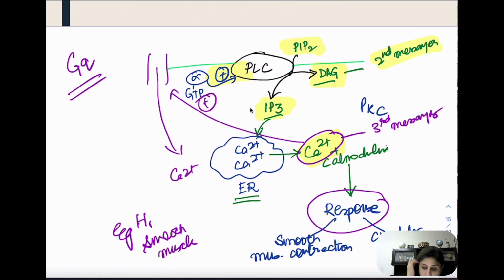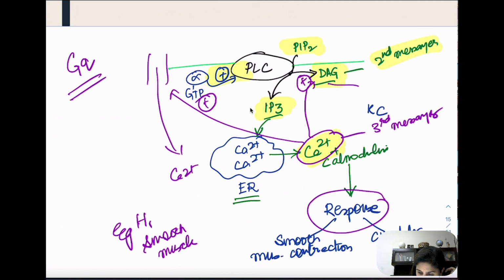Now what does this part do? Continuing here, they are also going to stimulate diacylglycerol. The diacylglycerol is going to stimulate a protein called protein kinase C. Let's draw it here.